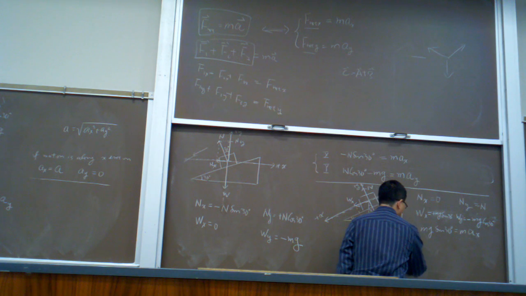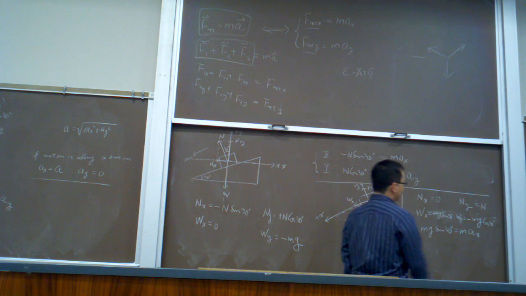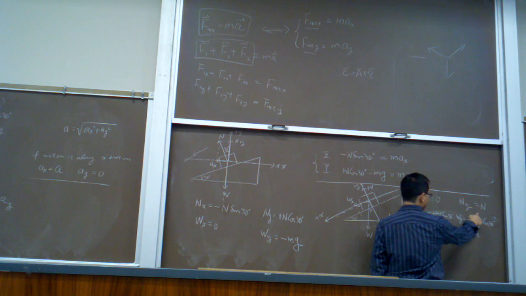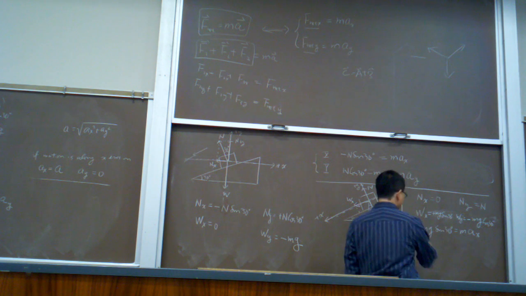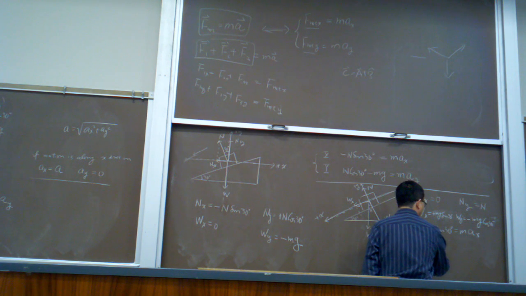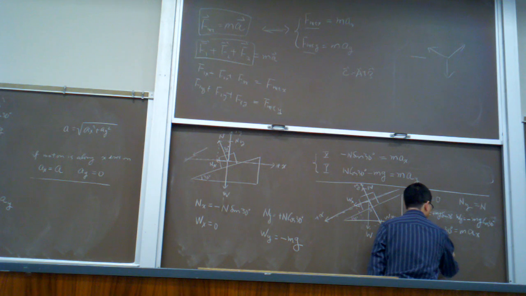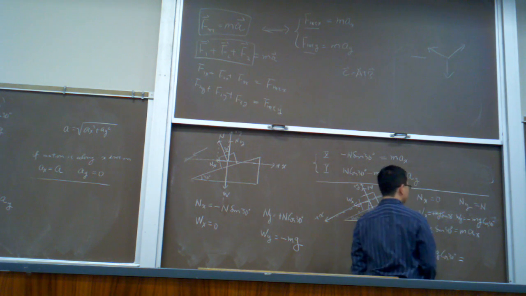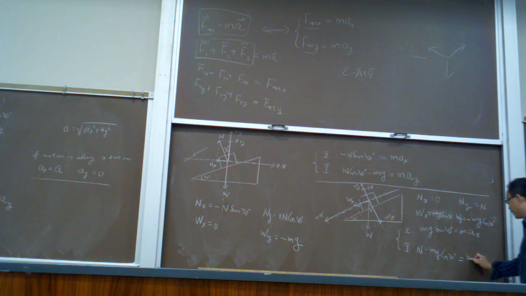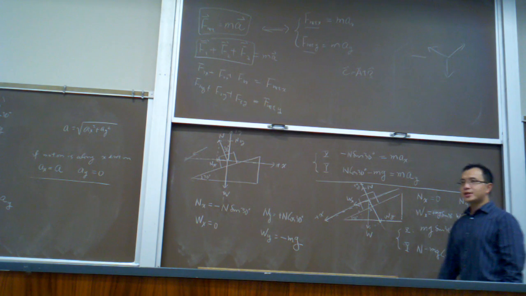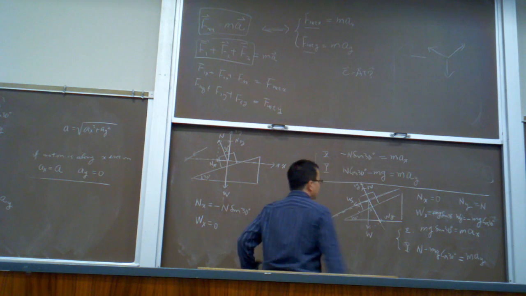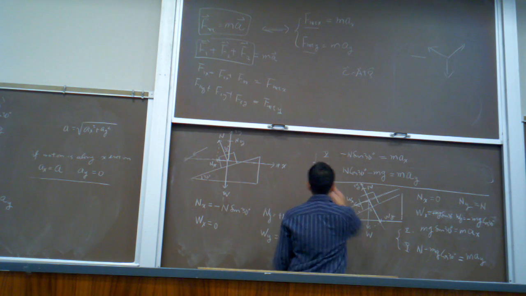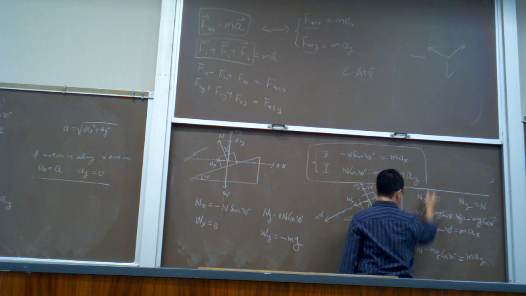And along the y direction you get this plus this, including the sign. So you get N minus mg cosine 30 degrees equals m ay. So for the same problem, now you see you get two different sets of equations, completely different.